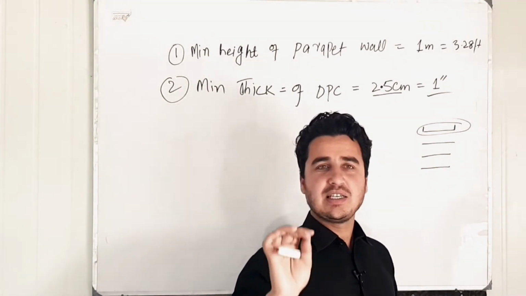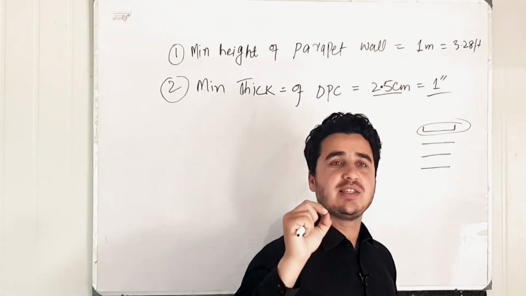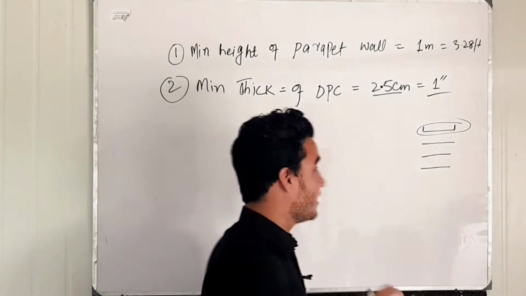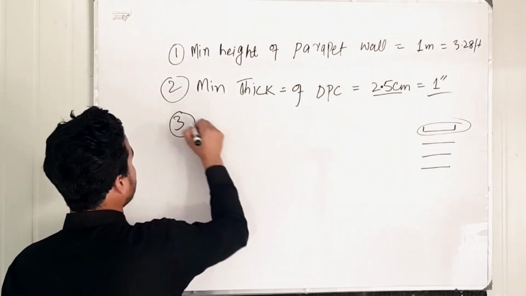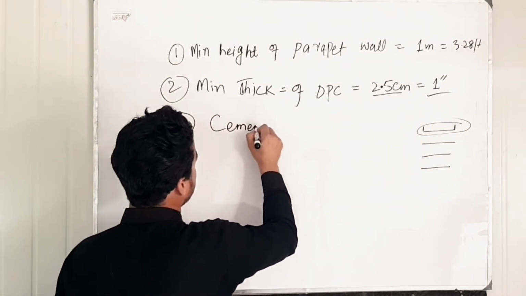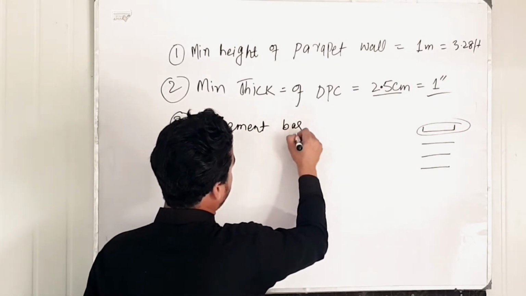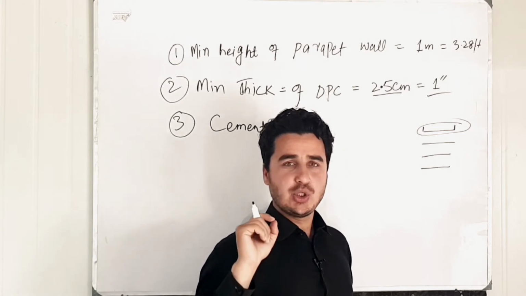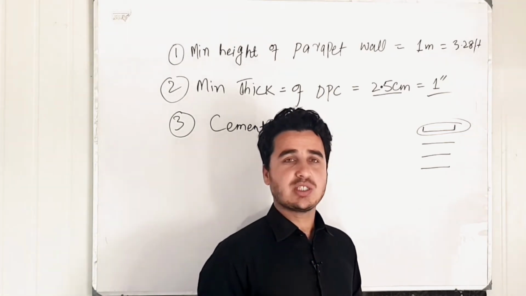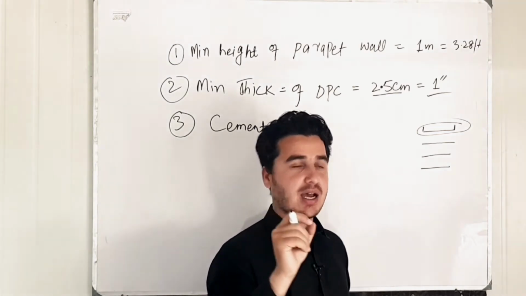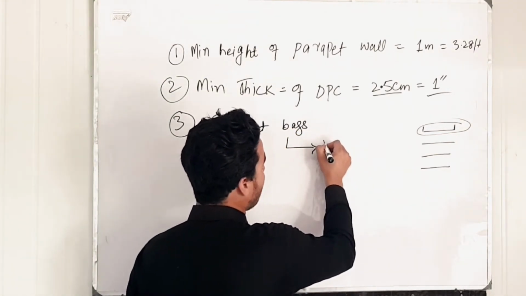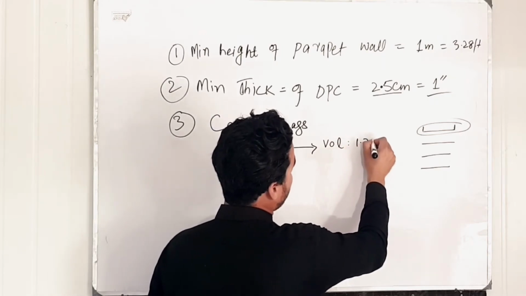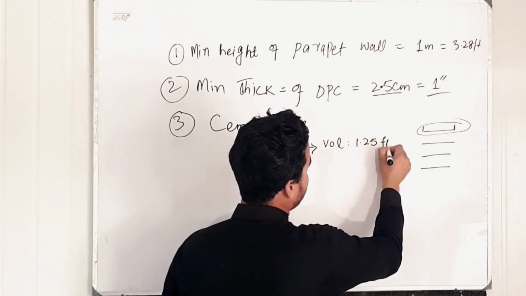Question number three is a combination of two different questions, and this is about the material, that is, cement bags. The normal cement bags that we use in our construction projects, specifically in Pakistan and India, always have a volume of 1.25 cubic feet.